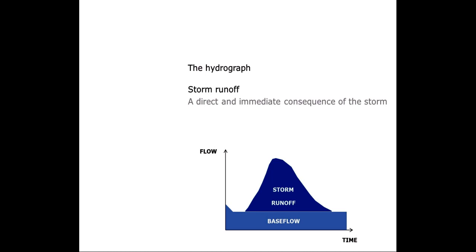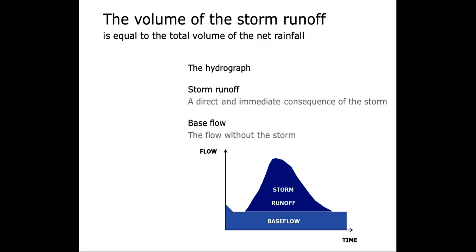Oppositely, the base flow, which is the part of the hydrograph without the storm runoff, is the flow that would be present when there was no storm. An important concept that we should keep in mind is that the volume of the storm runoff is equal to the total volume of the net rainfall.